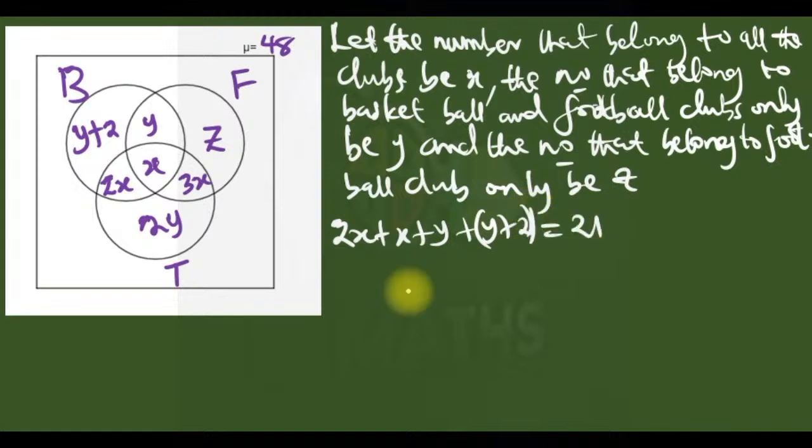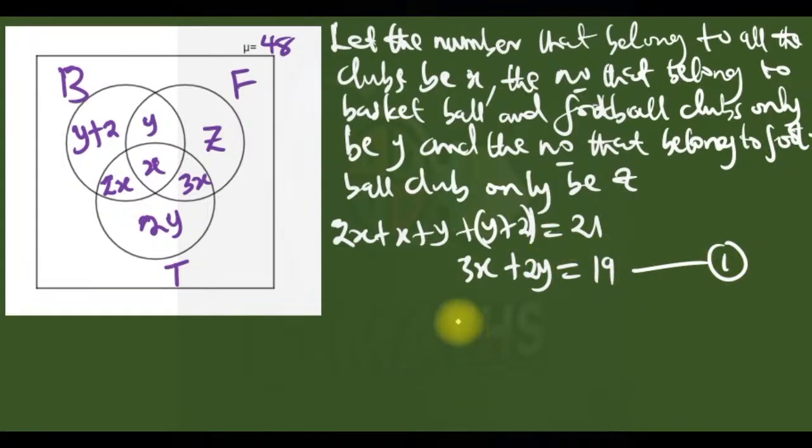So from here you see that 3x plus 2y is equal to 19. We'll call it equation 1.